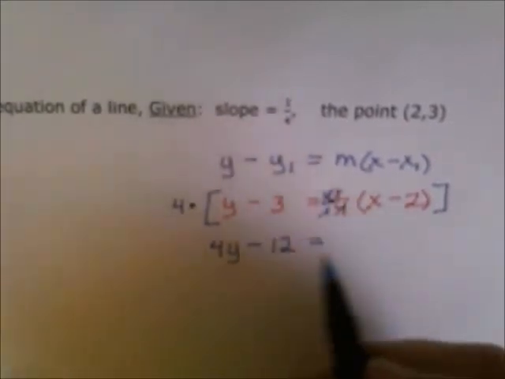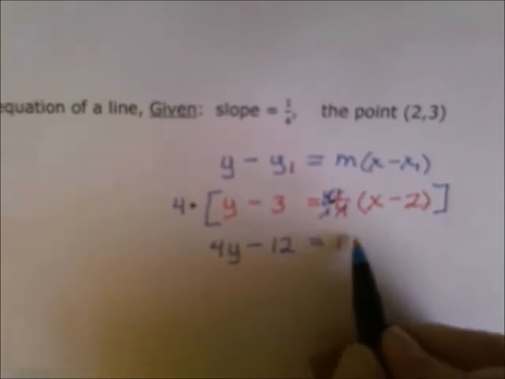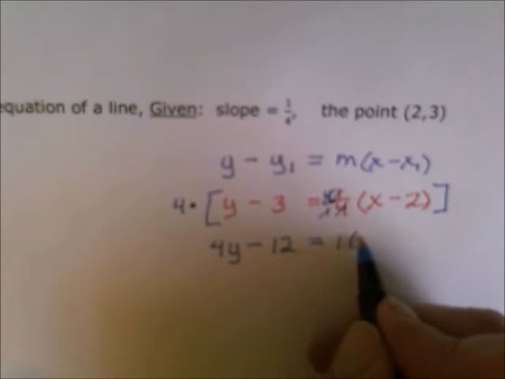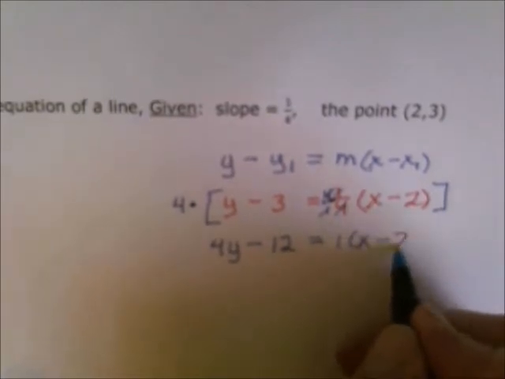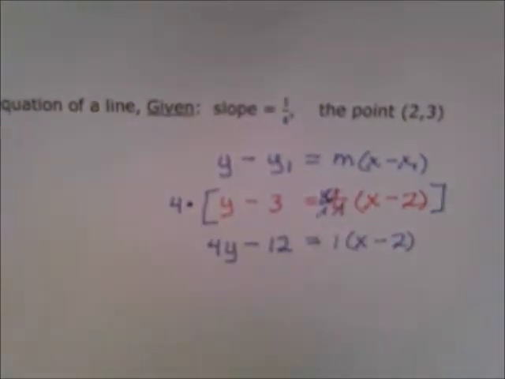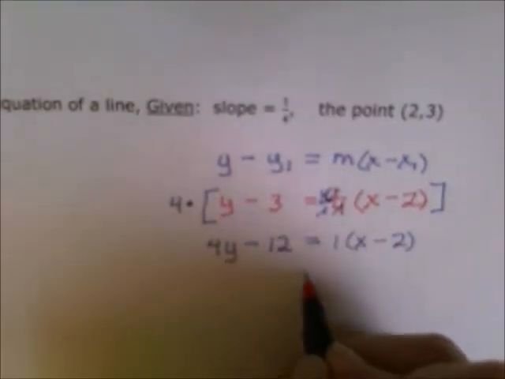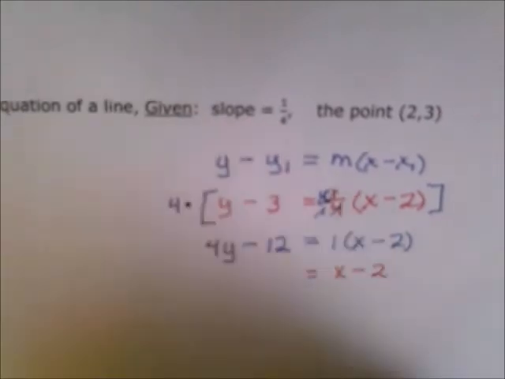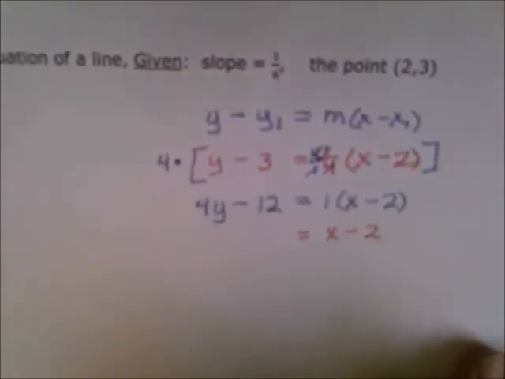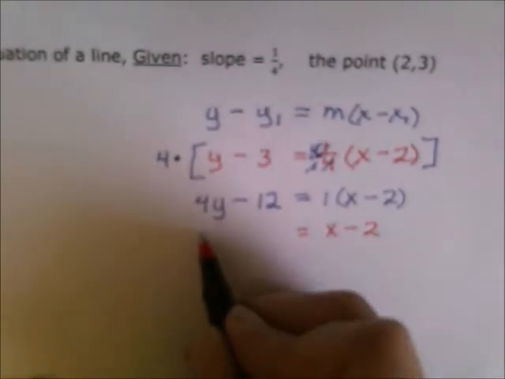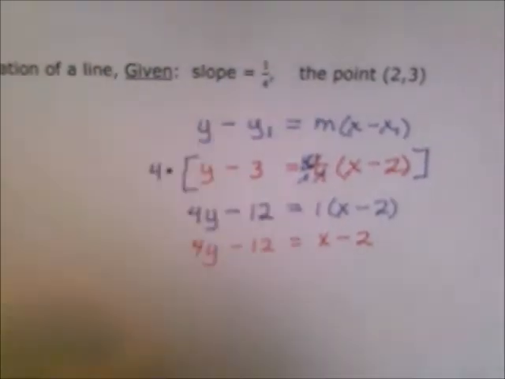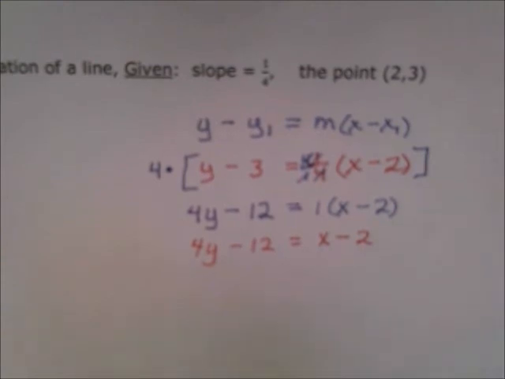The 1's even cancel, but even after everything cancels, we're still left with 1. So we'll have 1 times x minus 2, and of course, 1 times each of those. When we pull them out, we will just have x minus 2. So 4y minus 12 is equal to x minus 2.